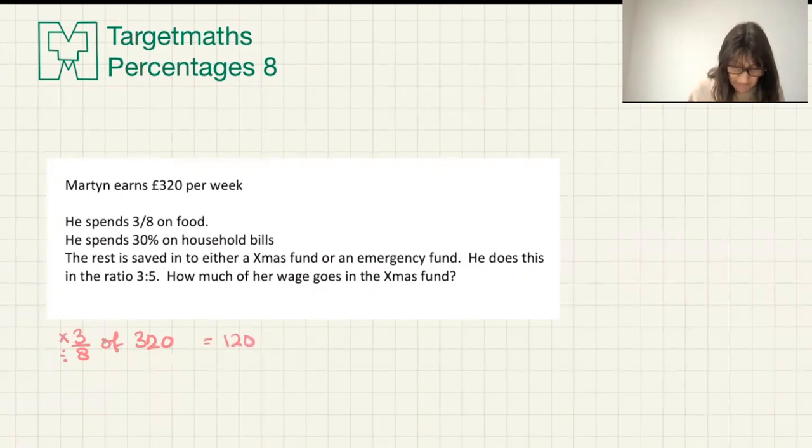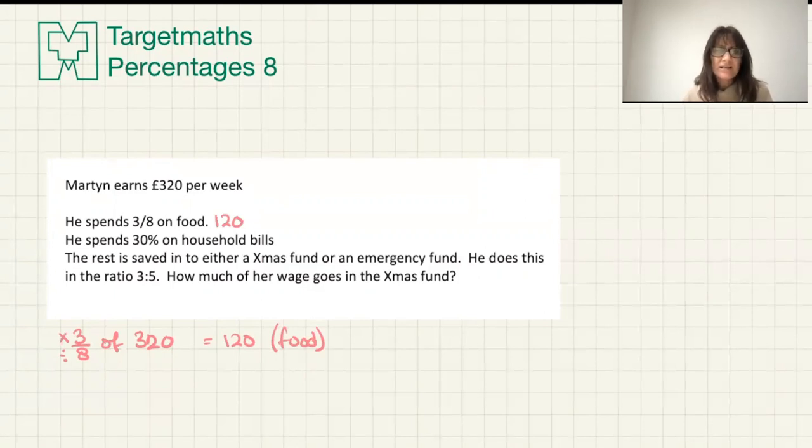I'm going back to the question and I'm going to put my 120 there, so I can't possibly forget that that piece of maths was all about the food. The other thing that I could do, which I think is excellent practice, is label it, so I've got that information.